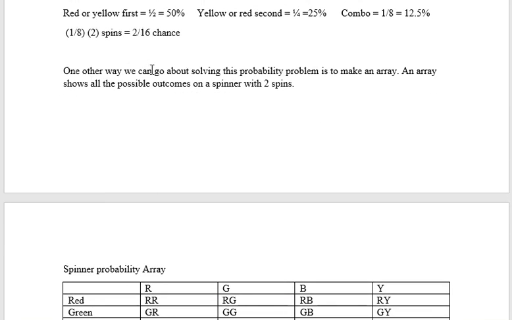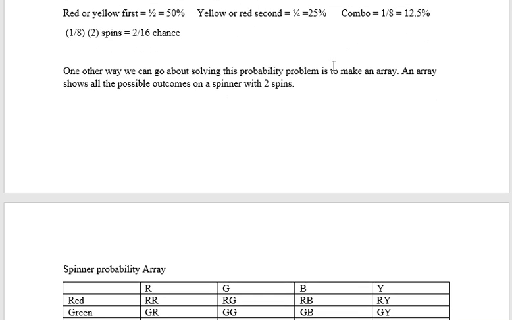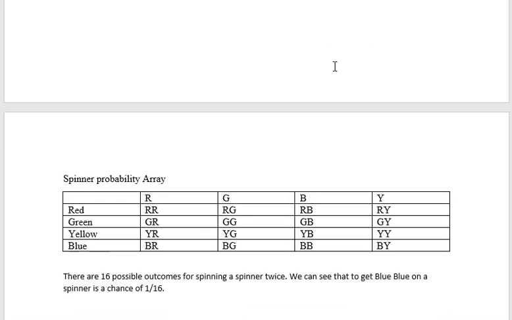One other way we can go about solving the probability problem is to make an array. An array shows all the possible outcomes on a spinner with the 2 spins. So if we know we're doing 2 spins, and on the first spin, there's 4 possible colors you can spin, and on the second spin, there's 4 possible colors you can spin, that's 4 times 4, 16.